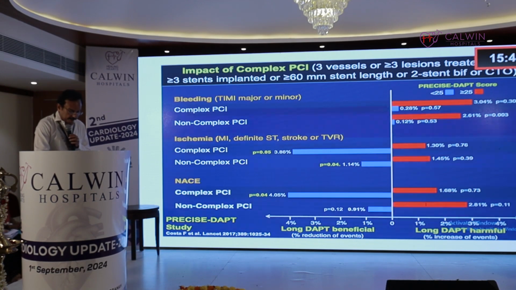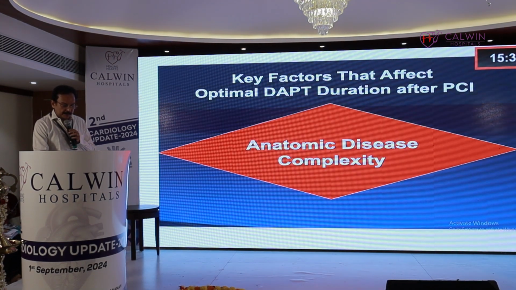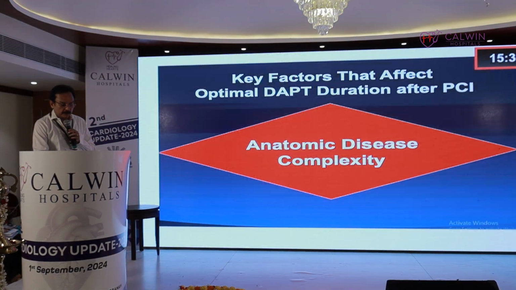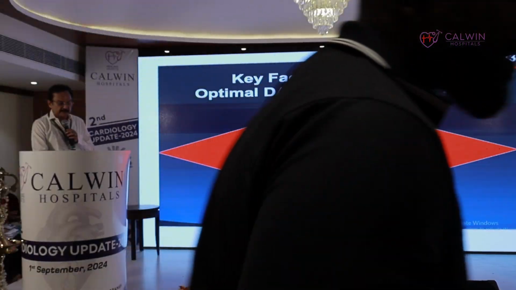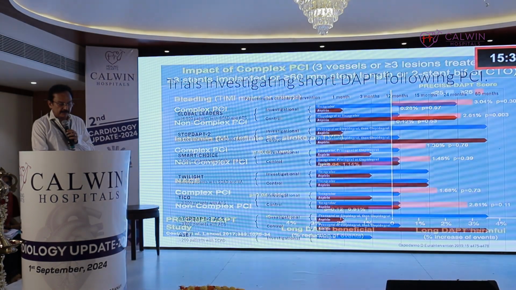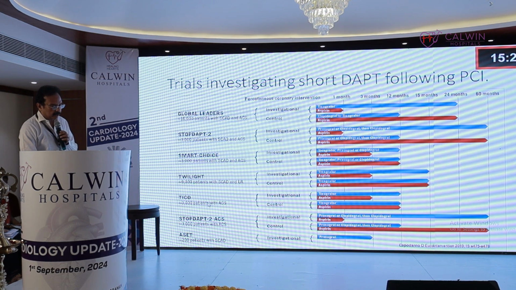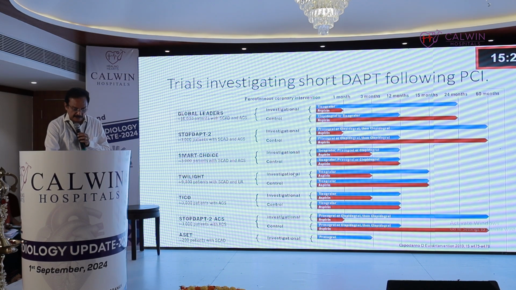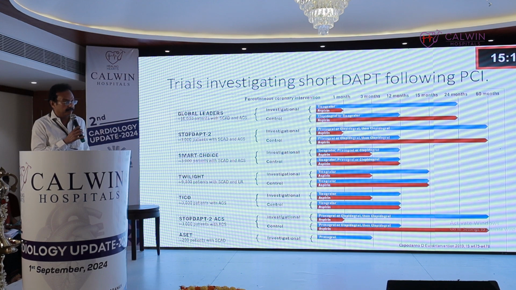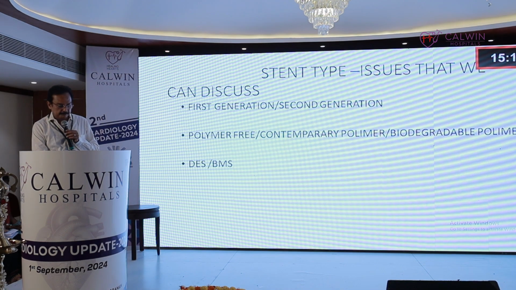At the same time, look at the duration of the antiplatelet also. When you look at the anatomical complexity also, can you reduce the duration of antiplatelet? Yes, there are many studies, for example TWILIGHT or TICO or STOPDAPT studies, where they have stopped antiplatelet very early, within 1 month, and in some cases even within 3 months, even in complex angioplasties that we have done.